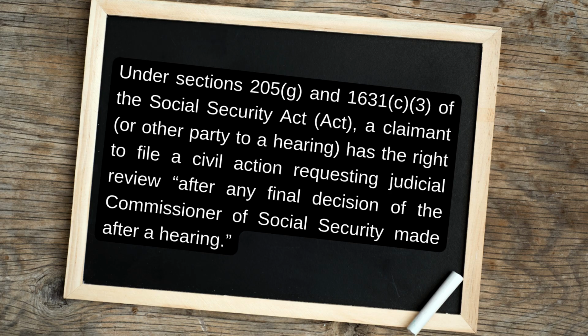Under Sections 205(g) and 1631(c)(3) of the Social Security Act, a claimant or other party to a hearing has the right to file a civil action requesting judicial review after any final decision of the Commissioner of Social Security made after a hearing.